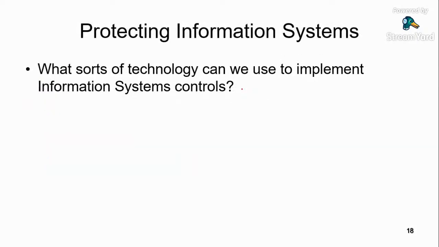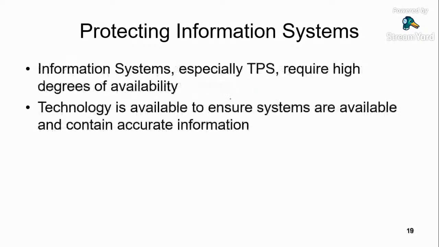And this is the last part, to enforce how we can process the overall operation. Information systems like TPS require a high degree of availability. So we should have a proper DR mechanism and load balancing mechanism in place in order to control the system.